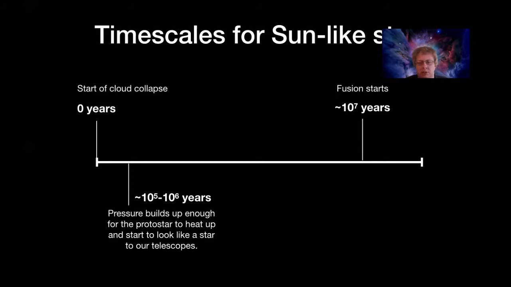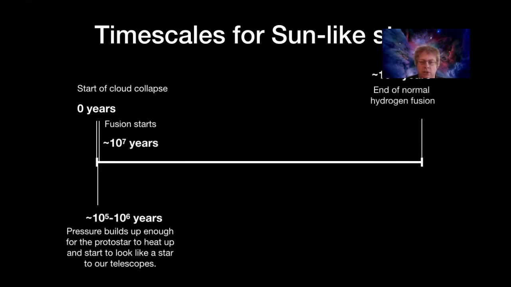And it takes a little bit longer, maybe 10^7 years, so maybe 10 million years or so, before stars like the sun start actually fusing hydrogen in their cores. But this time scale, however long it may seem to humans like us, pales in comparison to the lifetime of a star on the main sequence when it's fusing hydrogen. So the hydrogen fusing lifetime of a star like the sun is about 10^10 years, or 10 billion years. So 1,000 times longer than the entire time during the star's formation before it was able to start fusing hydrogen into helium.